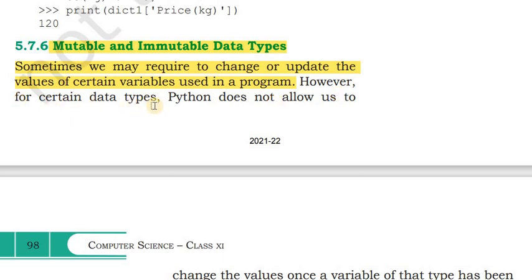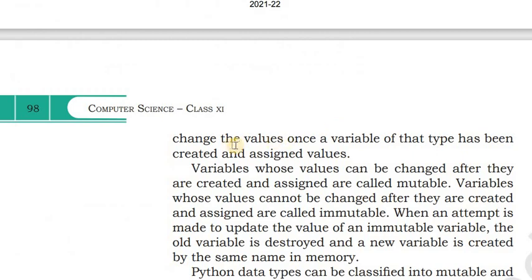However, for certain data types, Python does not allow us to change the value once a variable of that type has been created and assigned values. So students, when you assign a value to a variable, sometimes Python doesn't allow you to change the value that was assigned earlier.